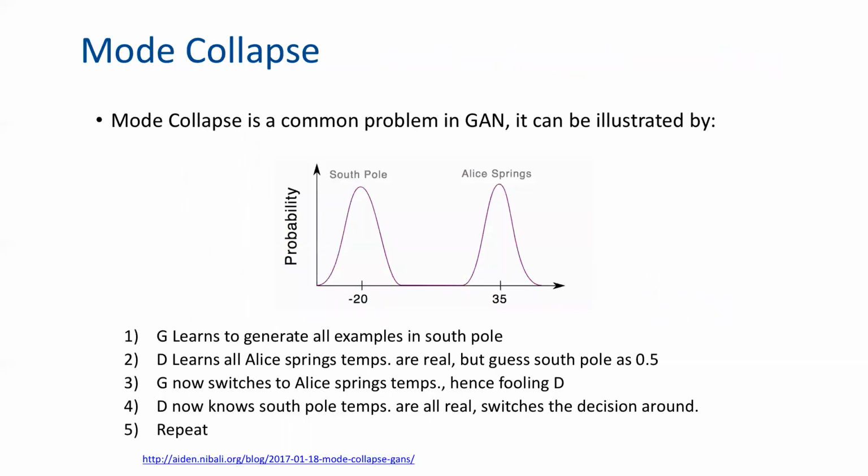So one of the most common problems is called mode collapse. And it arises when you have collections of media or images whose distributions have multiple modes or peaks. So in this case, you'd like to generate a distribution of temperatures, and some of the places you have are the South Pole, and then Alice Springs, which is a very hot place in the middle of Australia.